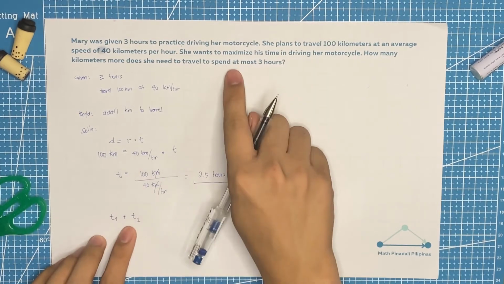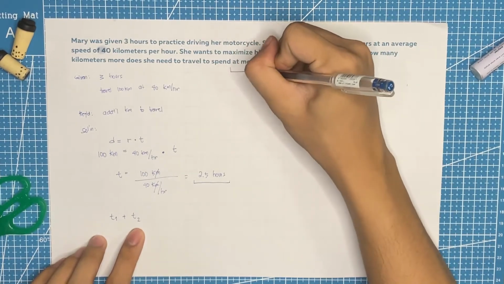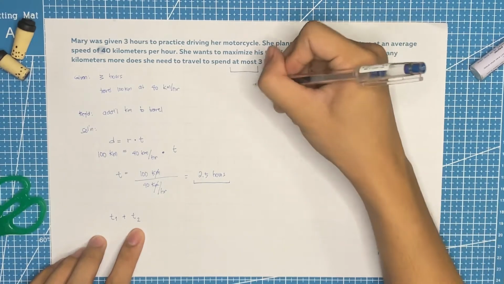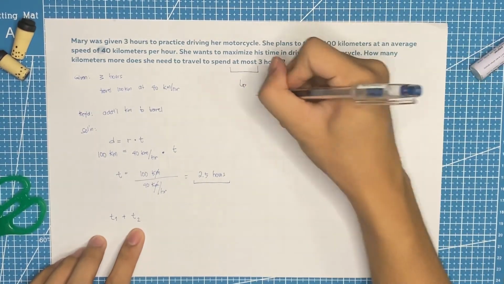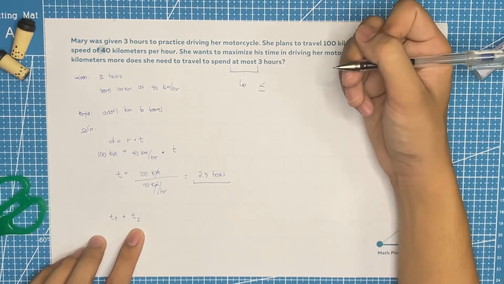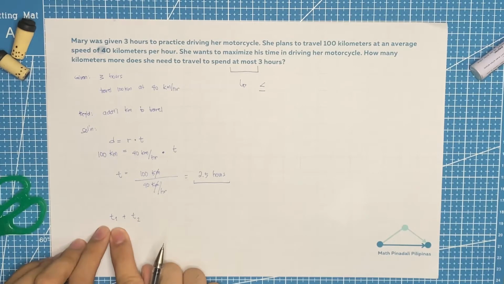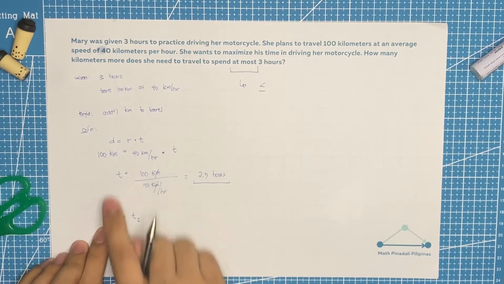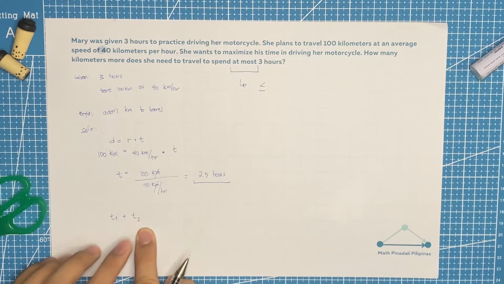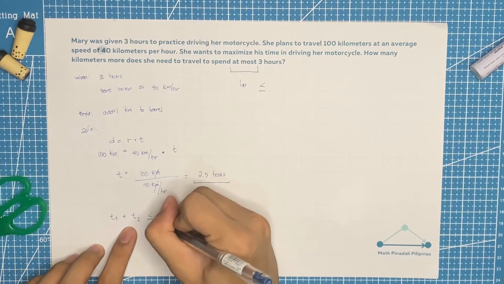Ang sabi is at most 3 hours. Pag sinabing at most, dapat alam na natin kung ano yung inequality na denote sa at most. Pag sinabing at most, it's less than or equal to. So, the time for the 100 kilometers plus the time for the additional kilometers should be at most 3 hours, or less than or equal to 3.